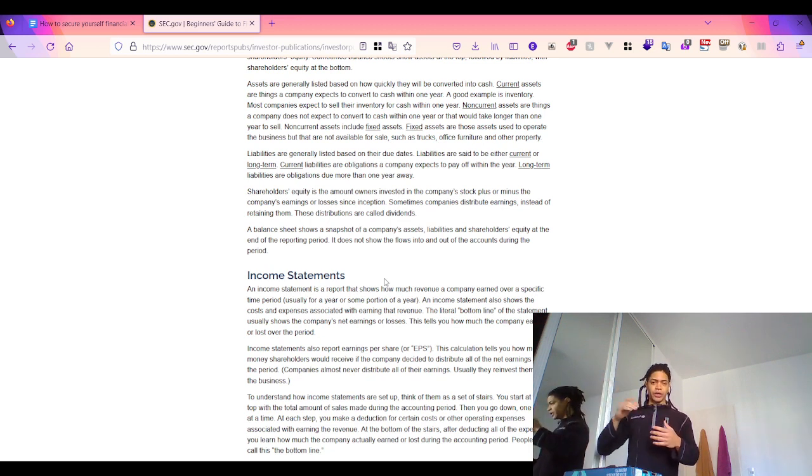Once you go down the stairs one step, you deduct the cost of sales, meaning how much money a company spent to produce the goods and services over a period of time.